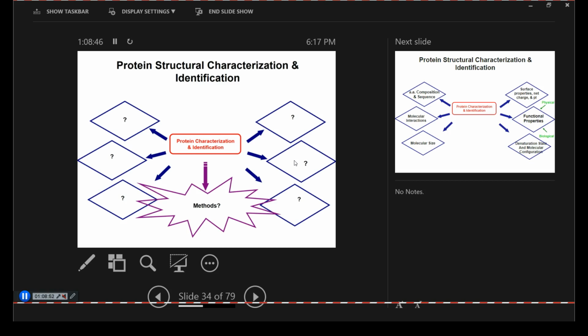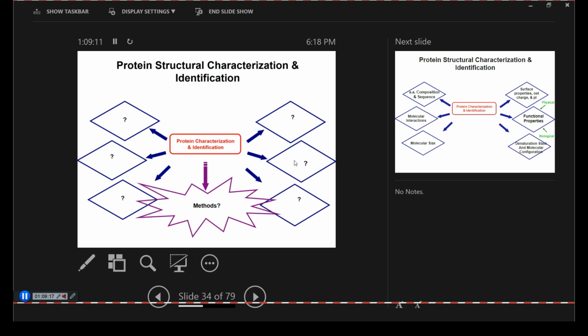So far we talked about protein quantification and then protein separation, isolation and concentration. Now we're going to move on and talk about protein structural characterization, so looking at structural characteristics of the protein and identifying proteins.